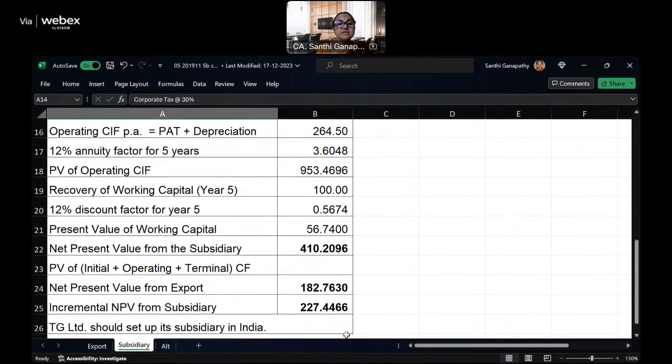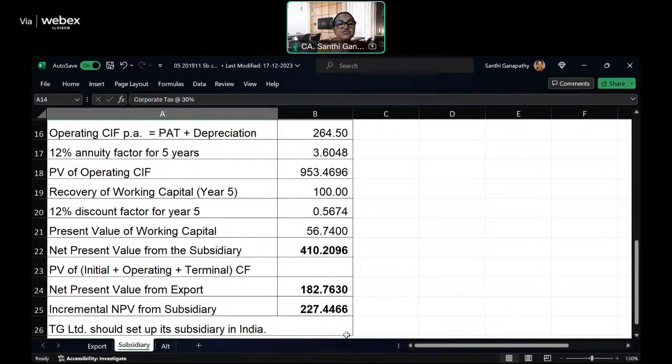So compare that with the net present value which you have if you continue to export. There is incremental net present value for setting up a subsidiary. So what should be the decision? Is this clear?